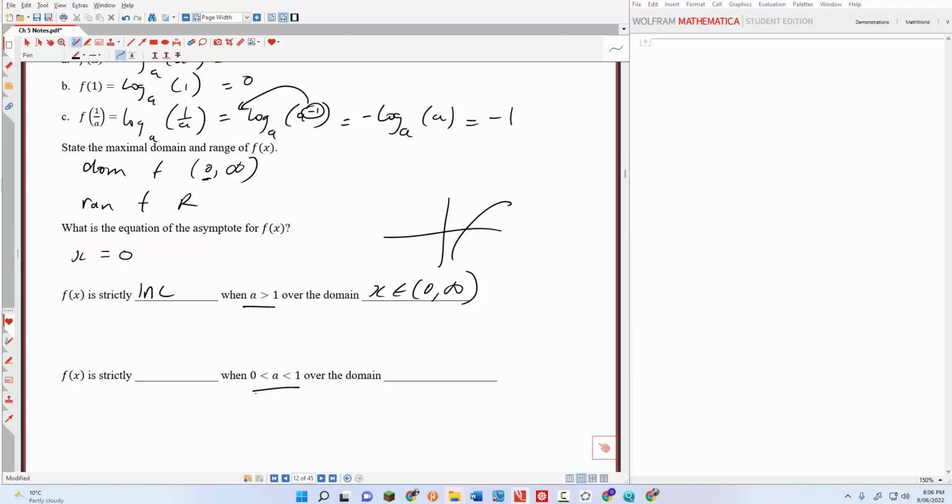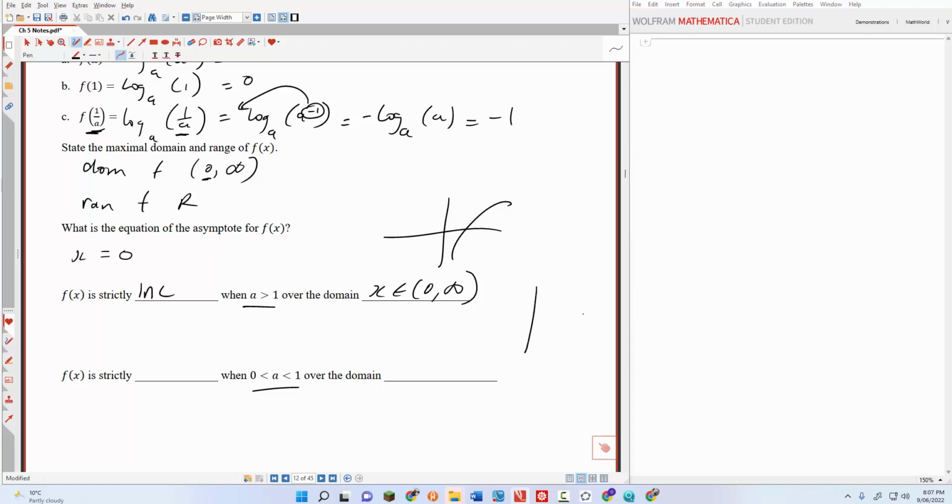All right, now here's an interesting one. When the base is between 0 and 1, i.e. it is this kind of value, 1 on a, this is when we've got a log base between 0 and 1. And actually what I'll show you later on is this is going to be the same as a reflection in the x-axis.